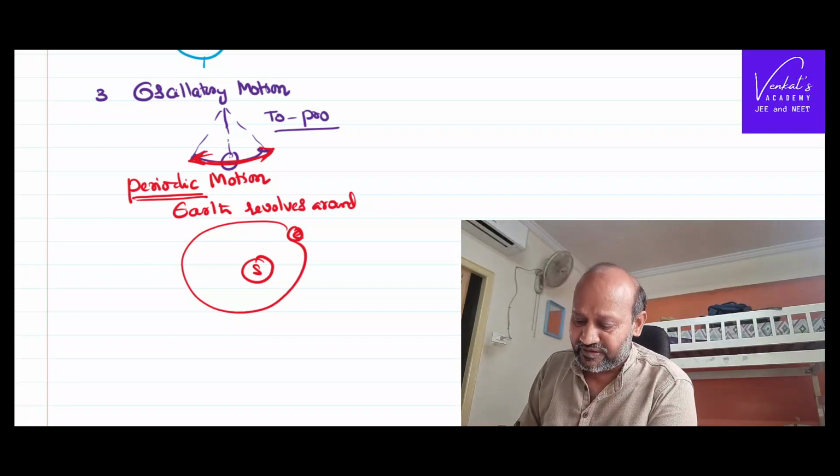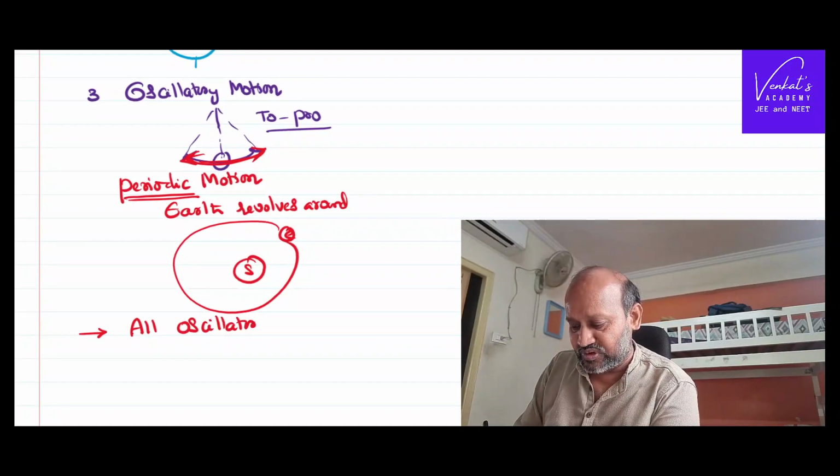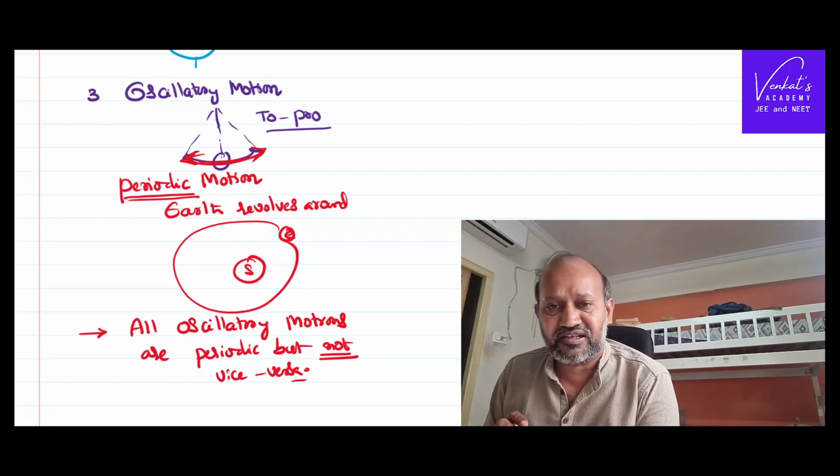I want to make one point by saying this: all oscillatory motions are periodic, they repeat at regular intervals of time, but not vice versa. Be careful, not vice versa. That means all periodic motions need not be oscillatory motion.